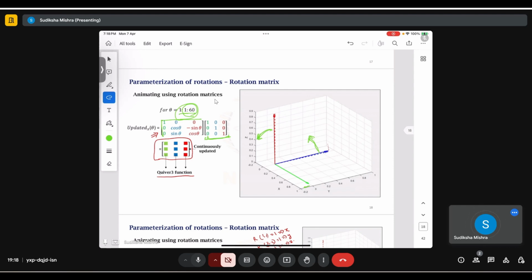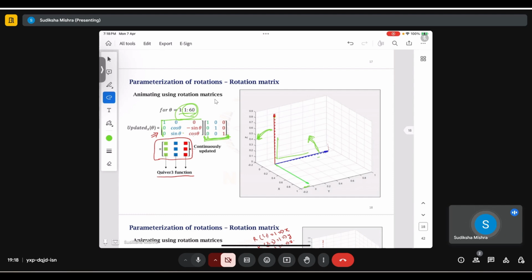So this is the x-axis, and this is the yz plane. The rotations are happening in the yz plane, about the x-axis. So your rotation matrix will be Rx, if you remember that. Your initial coordinate matrix will be this.